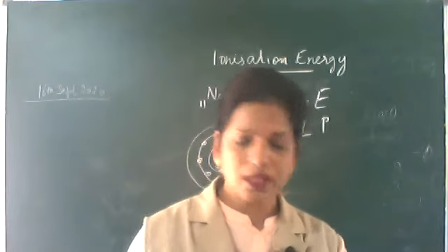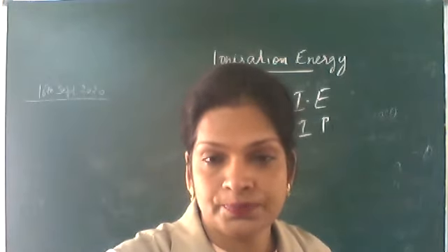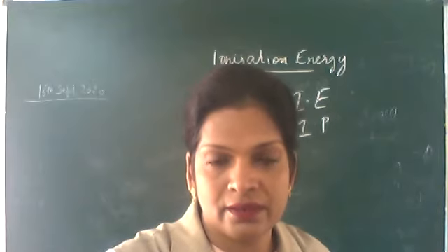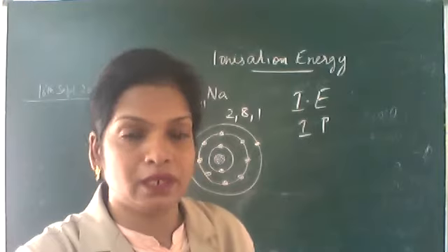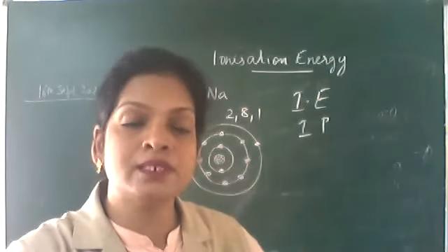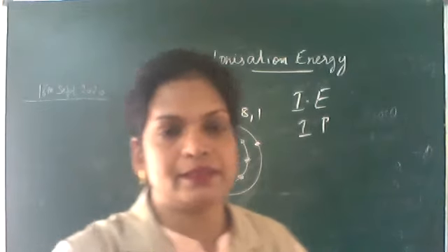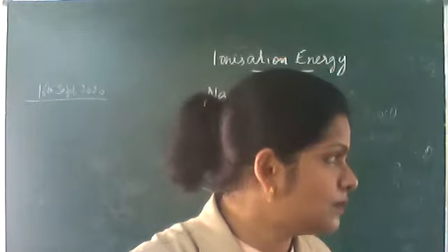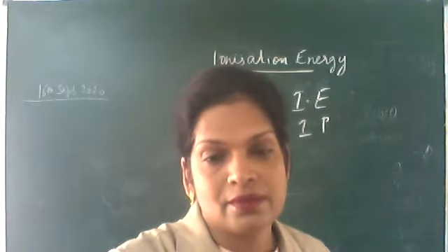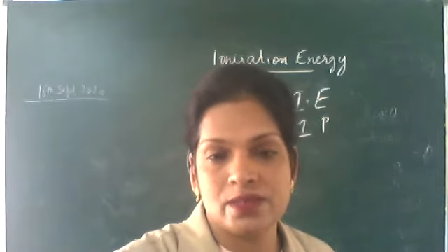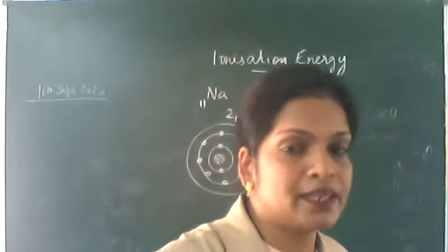Write down: the amount of energy required to remove the most loosely bound electron from an isolated gaseous atom in its ground state.